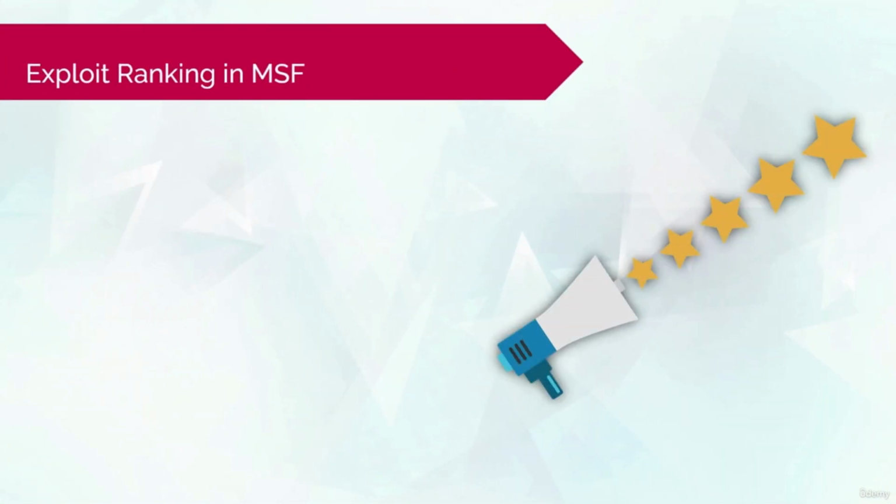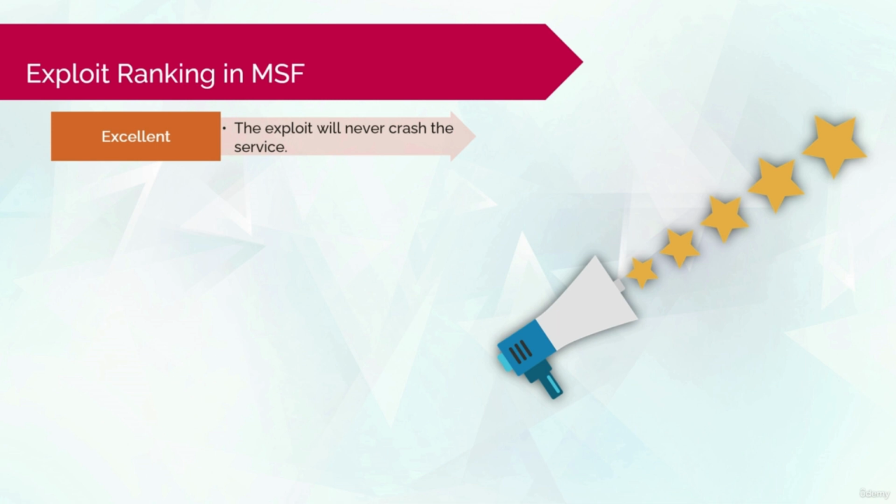Metasploit framework ranks the exploits to help you find the appropriate exploit. And I'll show you all the ranks and their meanings. Excellent. The exploit will never crash the service.